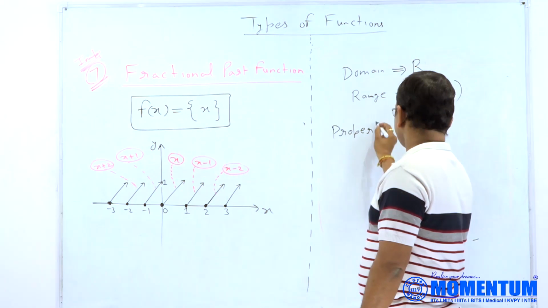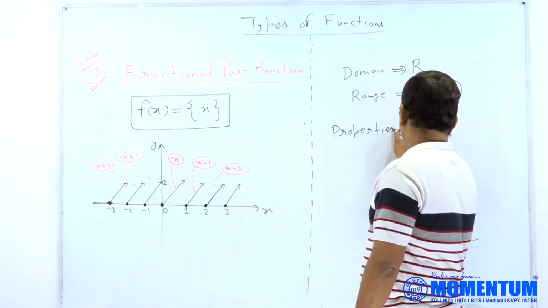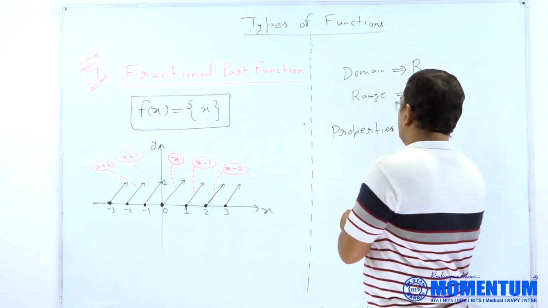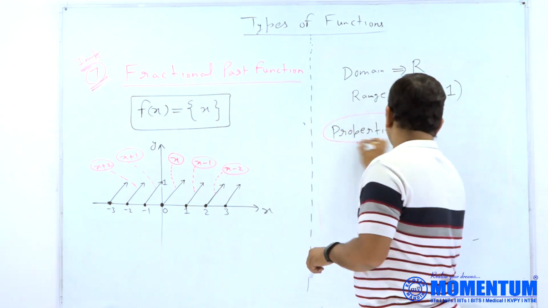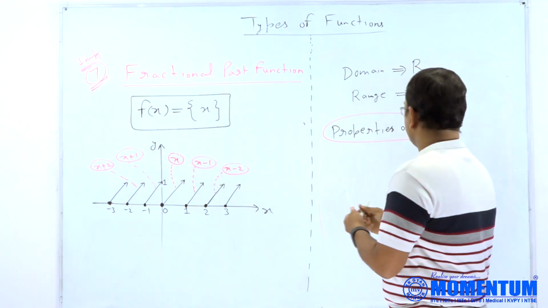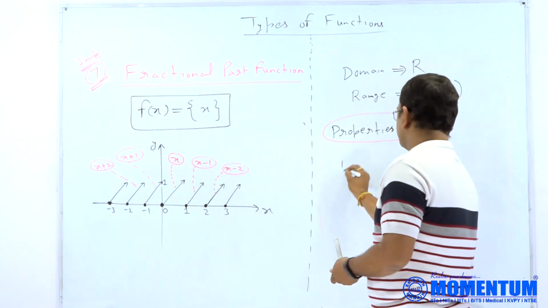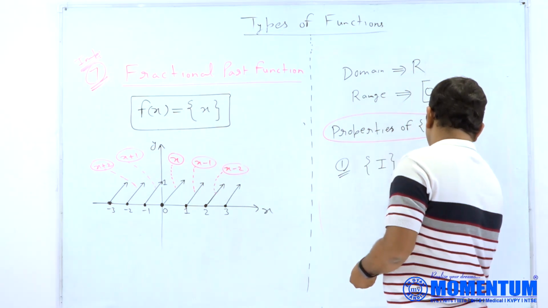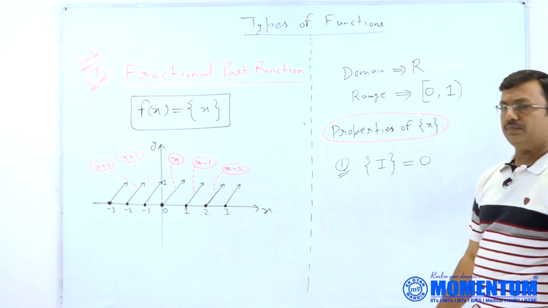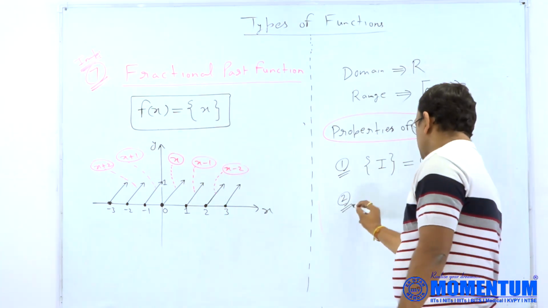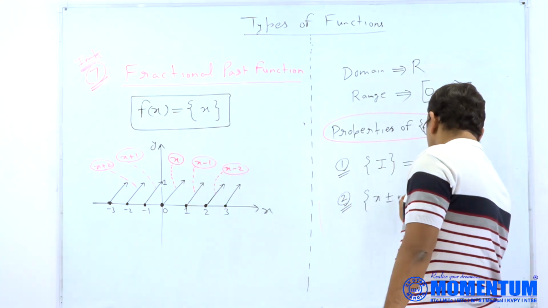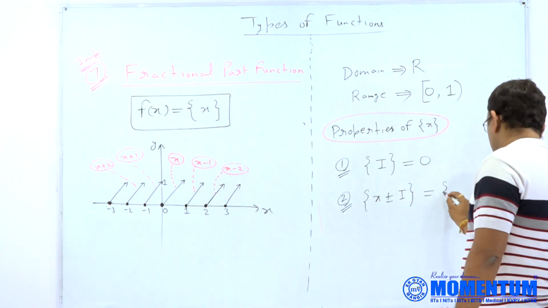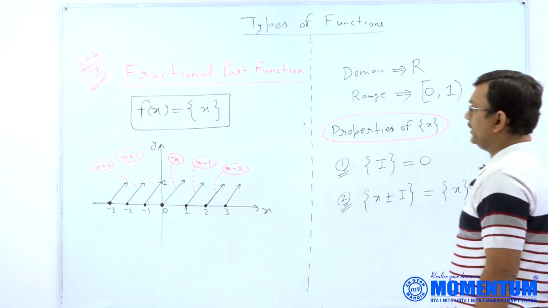Properties of fractional part function. Number 1, curly bracket of integer is always 0. Number 2, x plus minus I inside the curly bracket is simply curly bracket x.